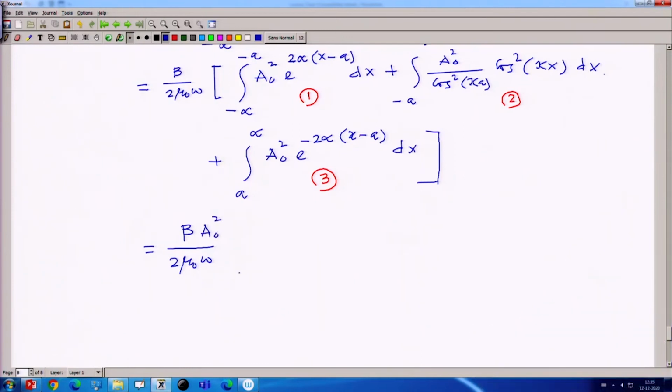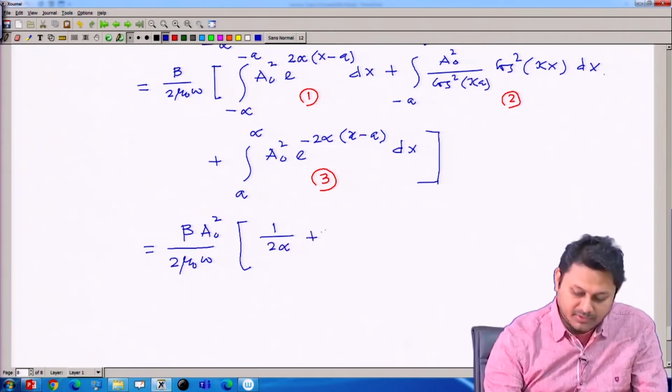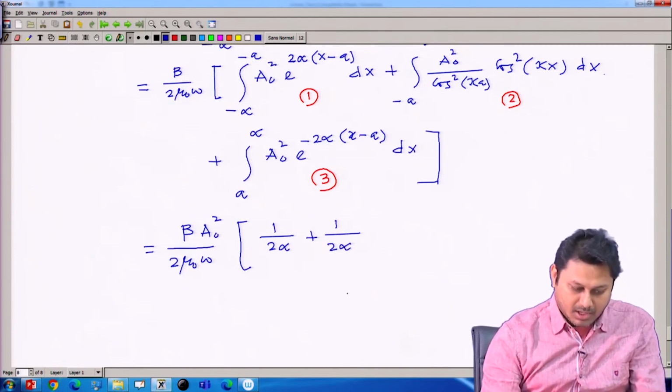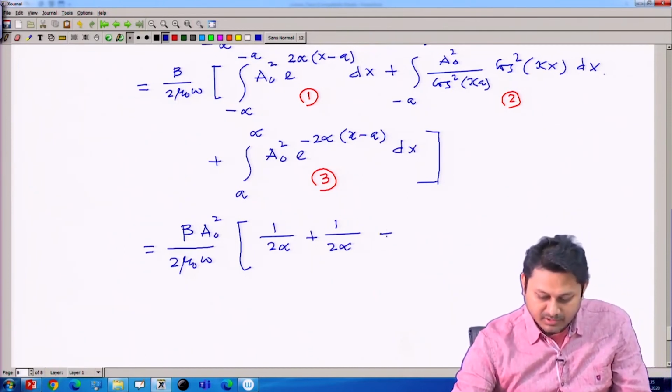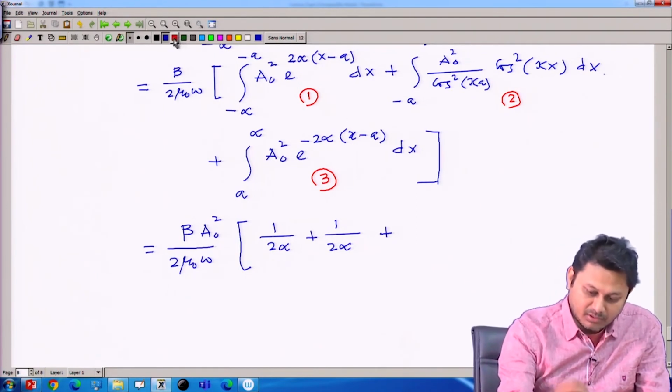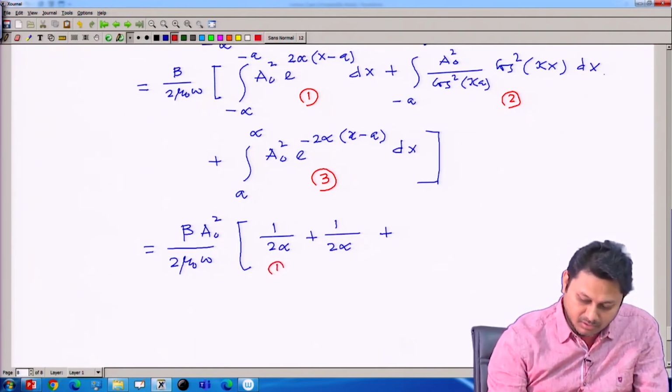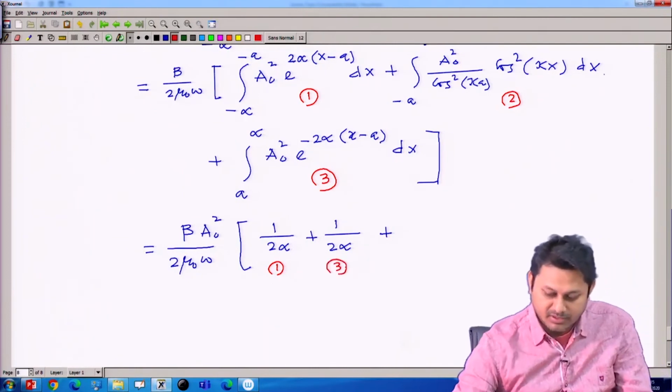The integration is 1 by 2 alpha for this case, and here also it should be 1 by 2 alpha. And then I have the third. So, this is the result of integral 1, this is the result of integral 3, and the result of integral 2 I need to calculate. Again, this is not a very hard thing to calculate.